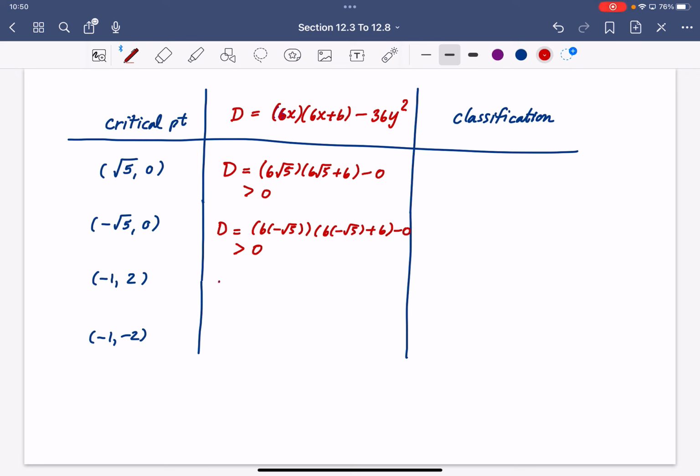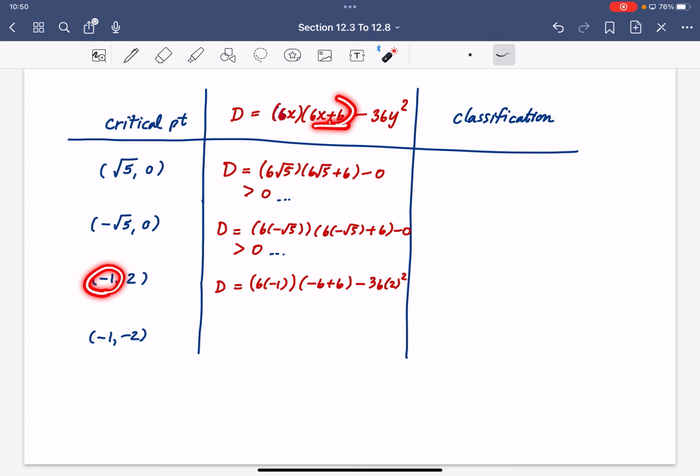But for this one, we don't know yet whether it's max or min. We have to look at fxx later. But let's compute this one first. This is 6 times minus 1, which is negative 6, plus 6, and then minus 36 times 2 squared. When you plug in negative 1 into this function, negative 1 kills this term to be 0. So it's 0 minus something positive, so this is less than 0.